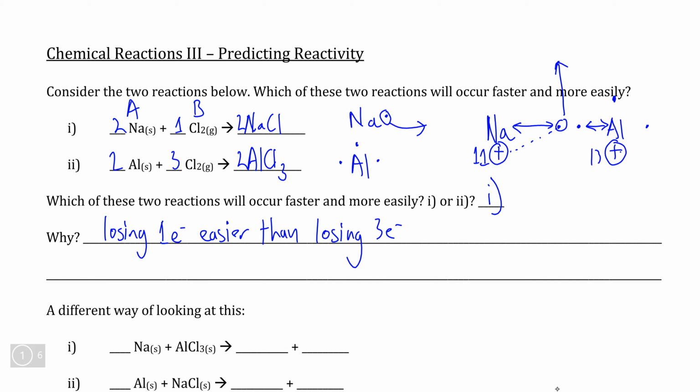So aluminum has 13 protons, which means it has a stronger positive charge, which means that it's able to hold onto its valence electrons more tightly than sodium is, because it only has 11 protons instead. And because the valence electrons are farther from the nucleus, they would be easier to remove, because the attraction between the nucleus and the valence electrons is weaker.